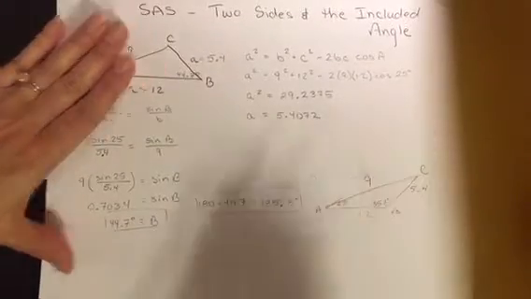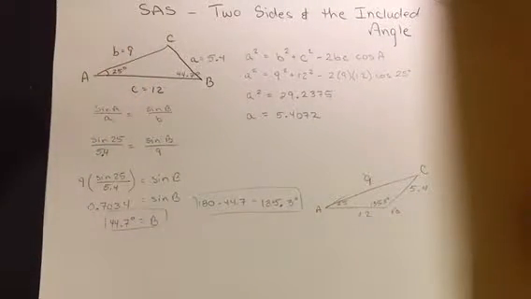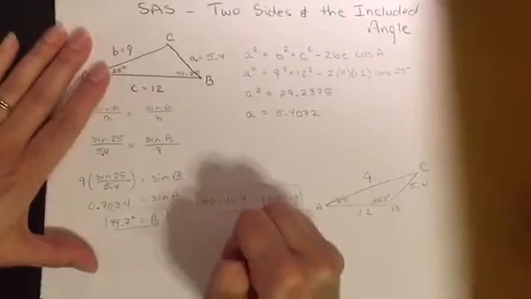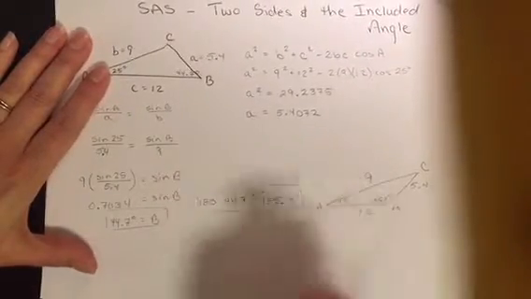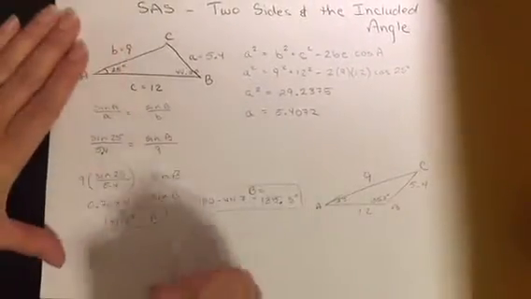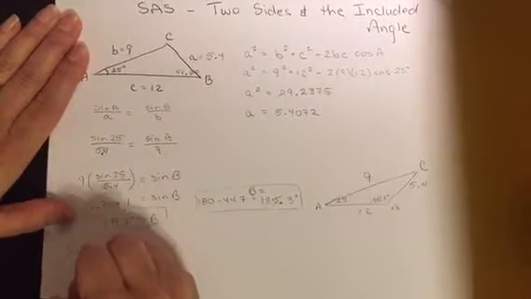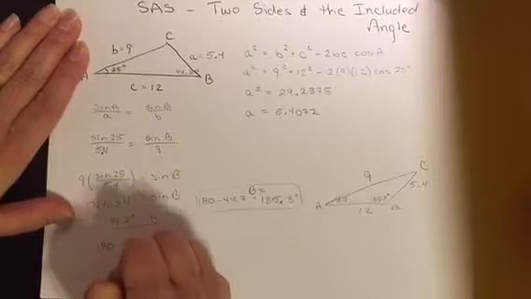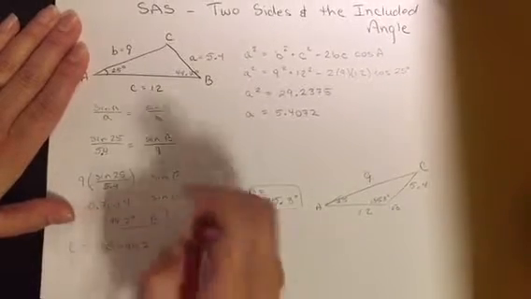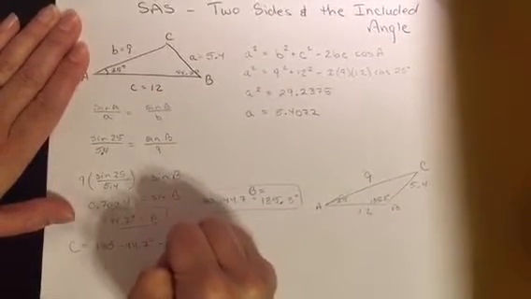Okay. And now the only thing I have to do is find angle C. So I'm going to subtract from 180. So for this triangle over here, angle C is going to equal 180 minus 44.7 minus 25.